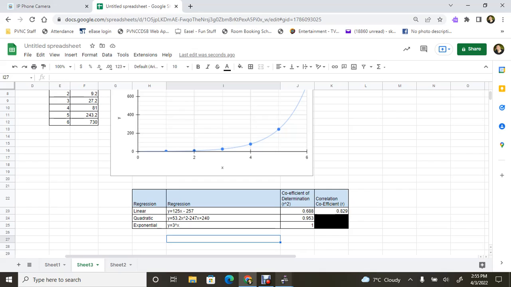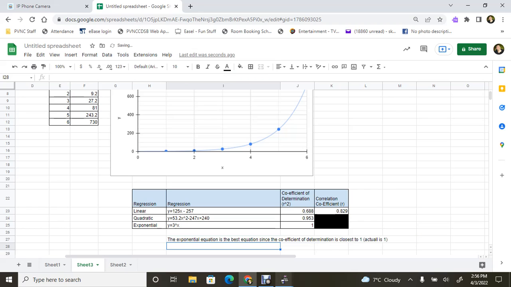So on the bottom, you say the exponential equation is the best equation since the coefficient of determination is closest to 1, or it actually is 1.